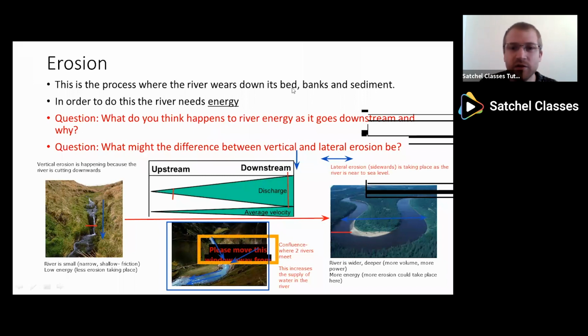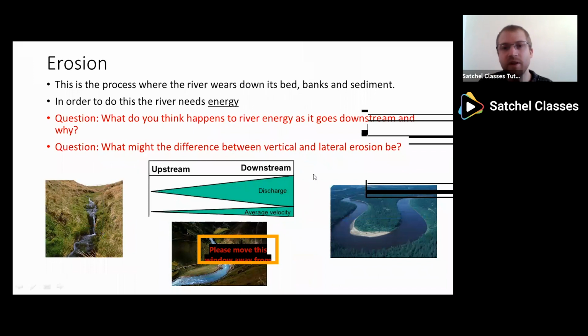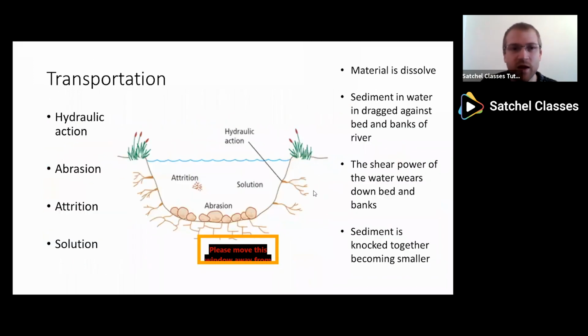So what we're going to do, let's pick out some of these key processes that could happen along our river course. So it comes down to four key forms of erosion that you need to be aware of. So this comes down to these four key terms: hydraulic action, and there's a picture showing what that looks like.